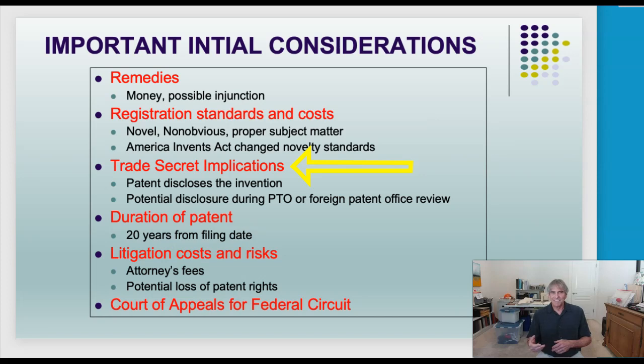But the decision is not going to be so easy, because the PTO is probably going to publish your patent application, including all the important details about the invention, before the agency decides whether it will actually issue the patent. So think about this. You go for a patent.